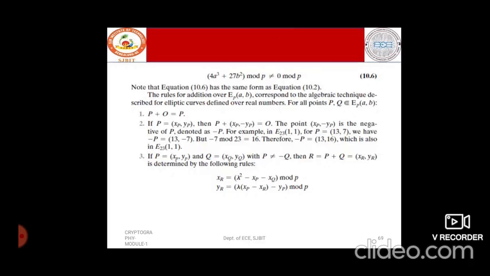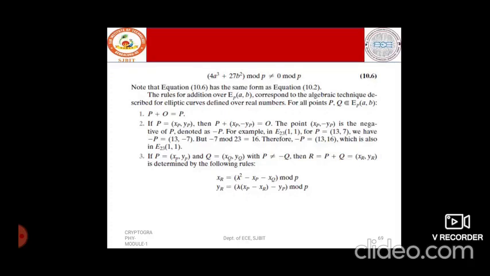For example, in E23(1,1), for P is equal to (13,7), we have minus P is equal to (13, minus 7), but minus 7 mod 23 gives 16. Therefore minus P can be written as (13,16). This is also in E23(1,1). If P is equal to (xP, yP) and Q is equal to (xQ, yQ), with P not equal to minus Q, then R is equal to P plus Q is equal to (xR, yR).